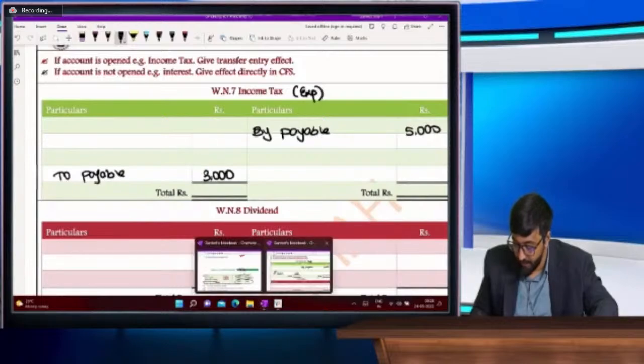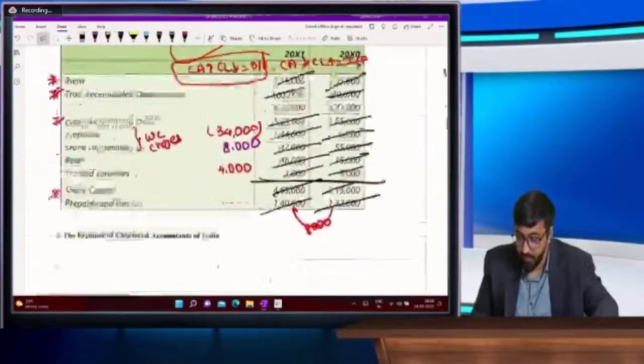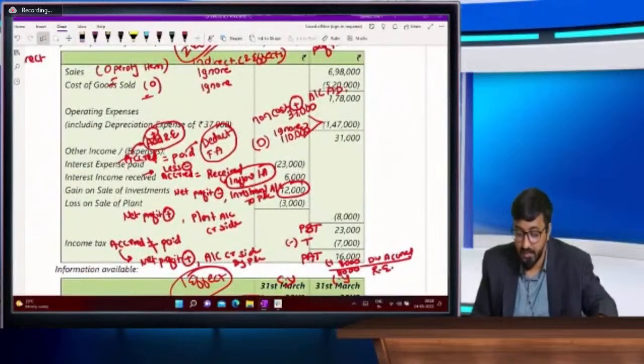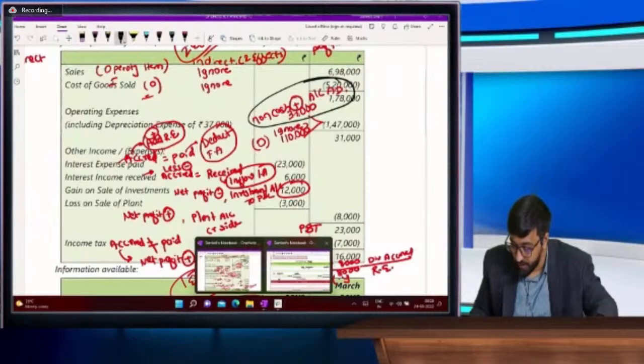Now P&L posting. P&L two effects. Sales ignore. COGS ignore. Operating expenses depreciation 37,000.